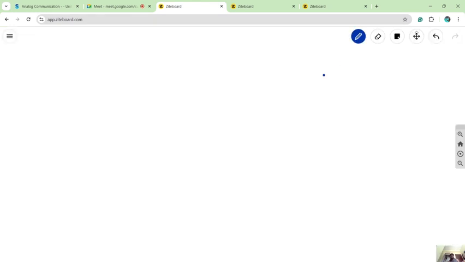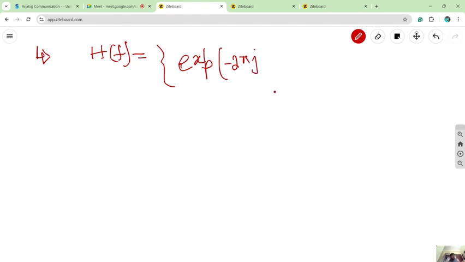Now let us go to the next question. Suppose in this case H of f is exponential of minus 2 pi j sine of 2 pi f t, if mod of f is less than 1 by 4t.